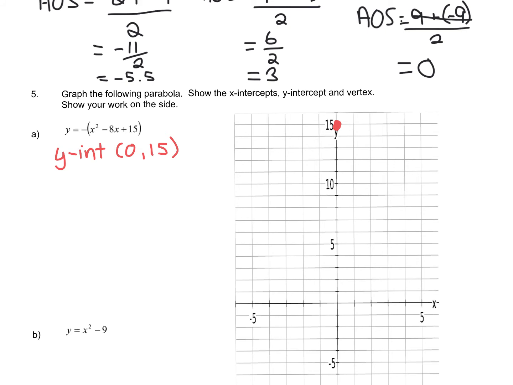We also know it's opening down because of the negative sign. Next, I would factor this. So y equals negative, and I'm going to factor. I'm looking for two numbers that multiply to 15 but add to -8, which gives (x - 5)(x + 3).